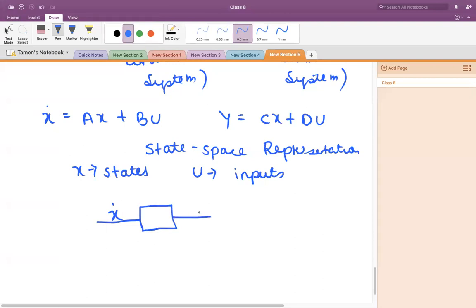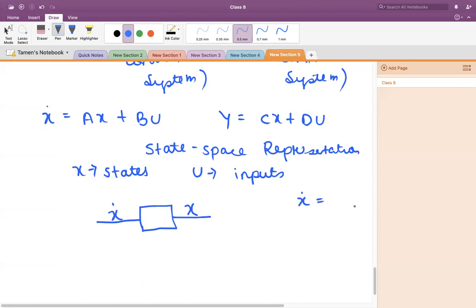From x dot, how will we get x? Tell me. X dot is there, now we want to get X. What do you mean by X dot?